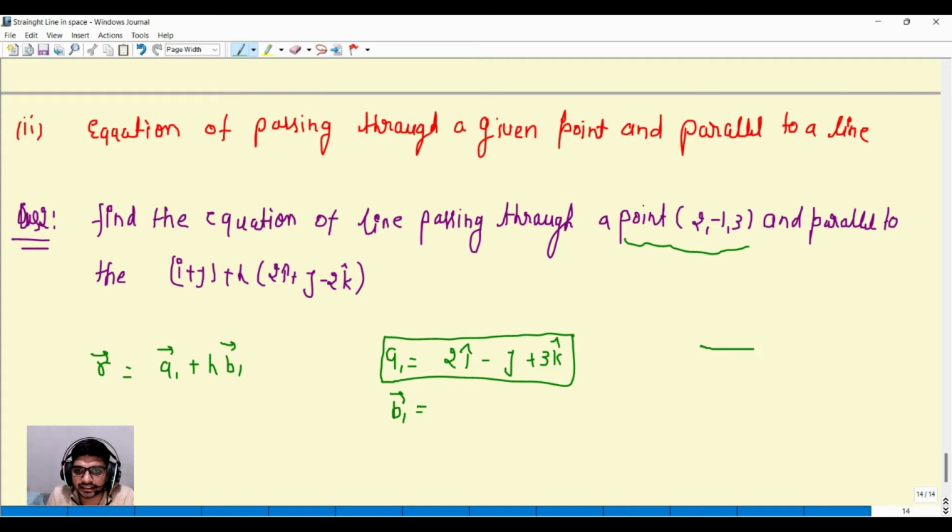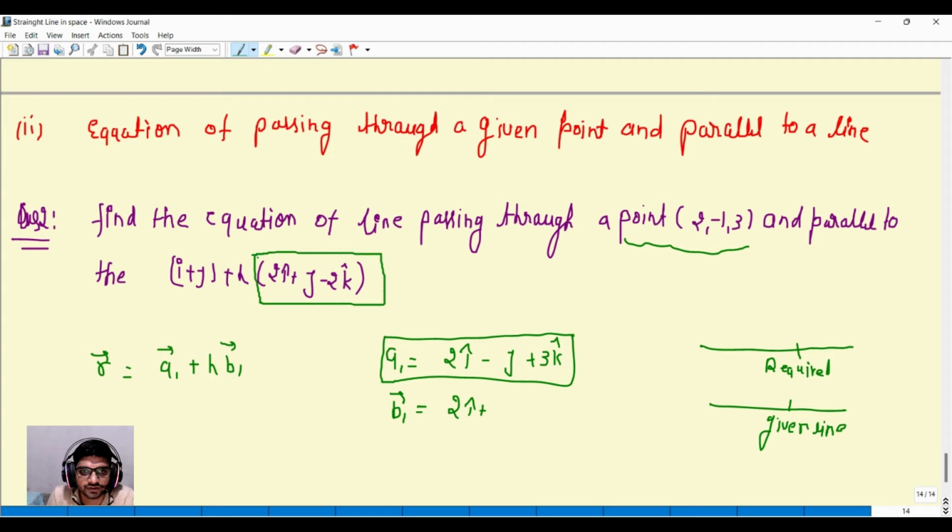If the required line is parallel to the given line, the direction ratios of both lines are the same. So what is b1? b1 is taken from the given line itself: 2i plus j minus 2k.